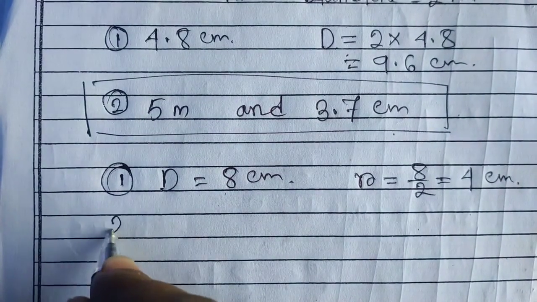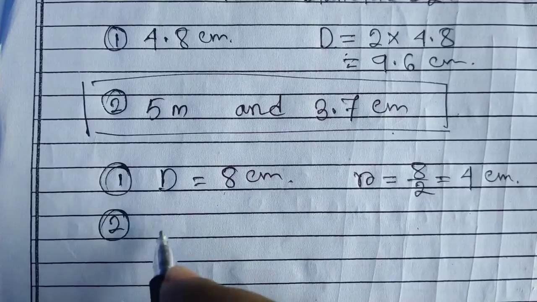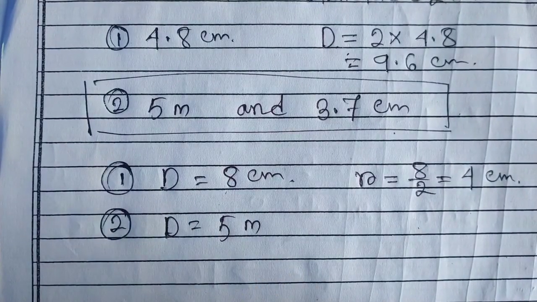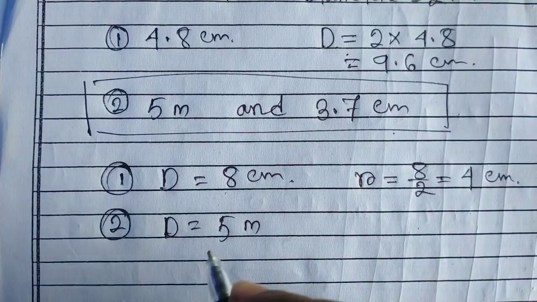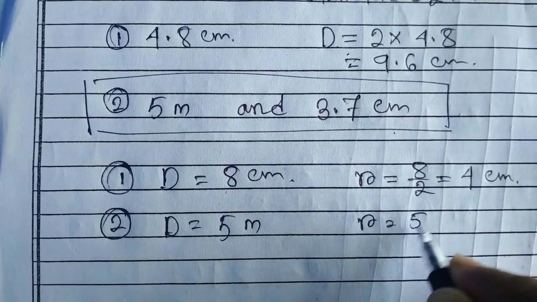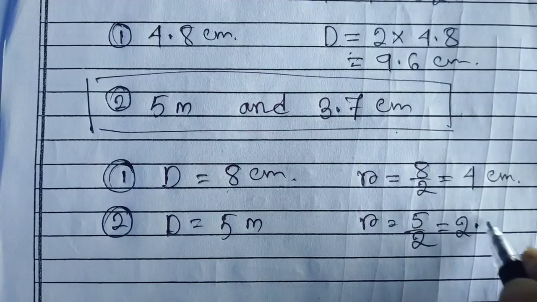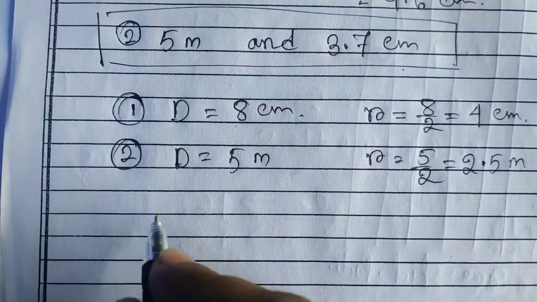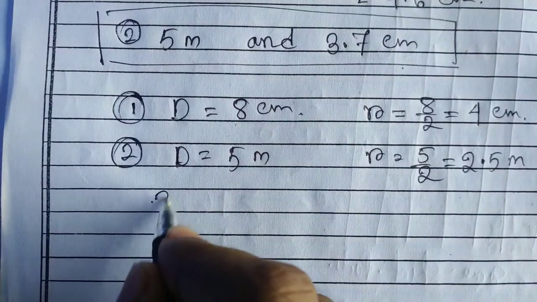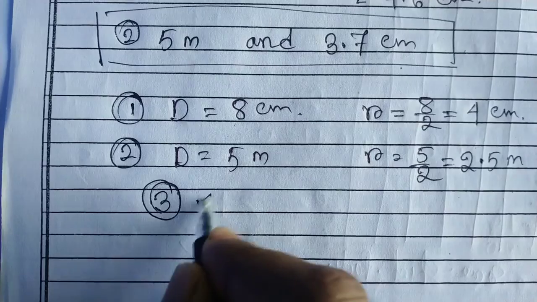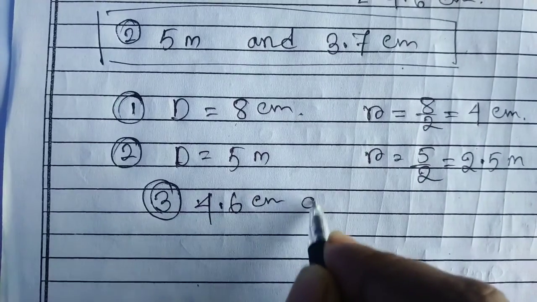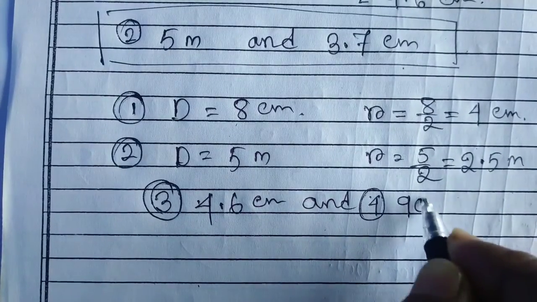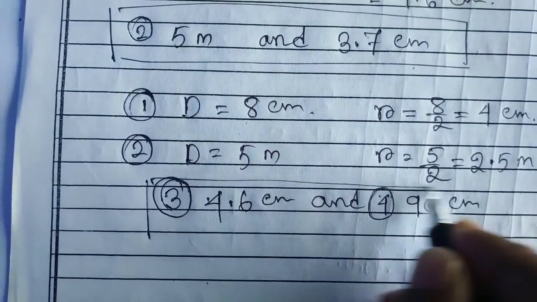Okay, so again try to solve another problem. If the diameter is given and it's 5 meter, now try to find the radius of this circle. So it will be 5 by 2, that means 2.5 meter. So now try to solve some problems at your home. Problem number 3, 4.6 centimeter, and problem number 4, 90 centimeter. This is your homework.